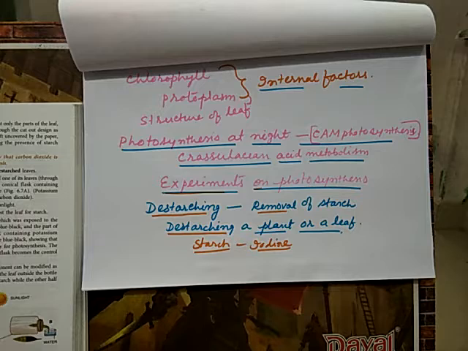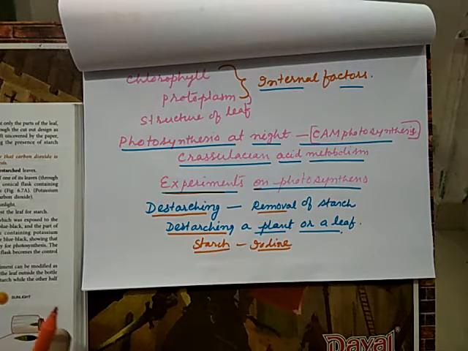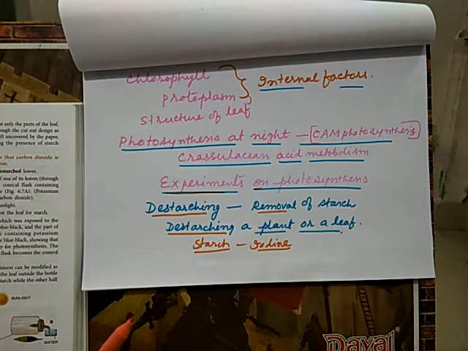If we take a leaf for the starch test, first we have to boil the leaf in water and kill the cells. Then the leaf is heated in methylated spirit over a water bath until it becomes pale white due to the removal of chlorophyll.